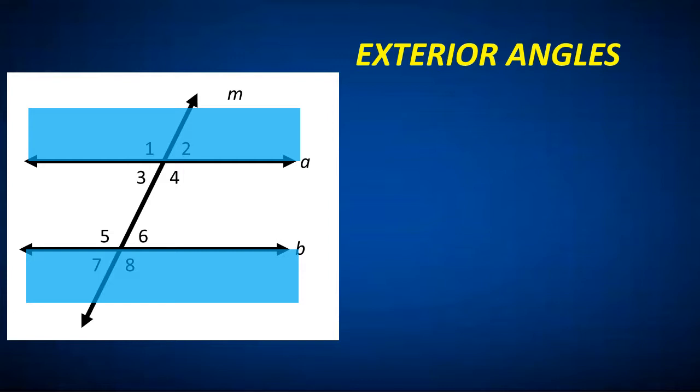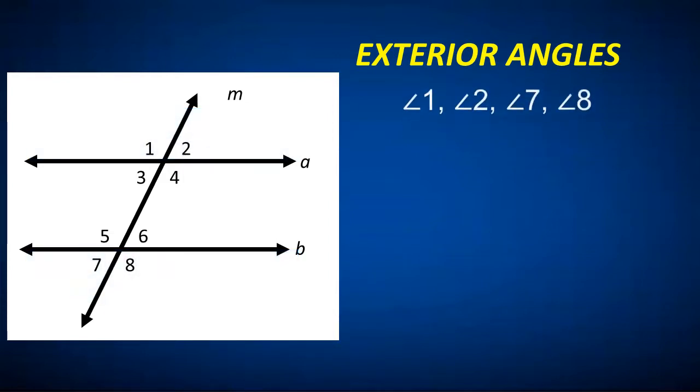Sa 1, 2, 7, and 8, pairs man siya, dun lang tayo magpo-focus dahil tayo ay nasa exterior angles. So, let's start with exterior angles. Can you name the exterior angles from the given? So, the exterior angles are angles 1, 2, 7, and 8.